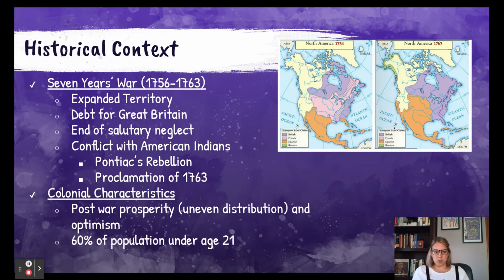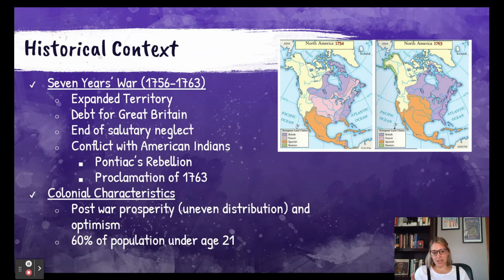In this French and Indian War, as a result of the Treaty of Paris, France is no longer going to have territory in North America. But this causes a huge amount of debt for the British Empire. And so they end their previous lax attitude, called salutary neglect, towards their economic policies.